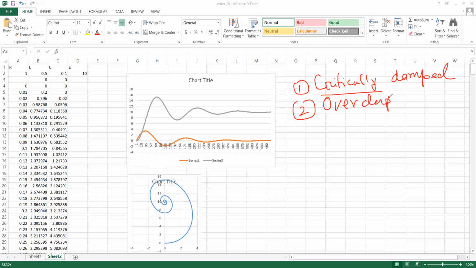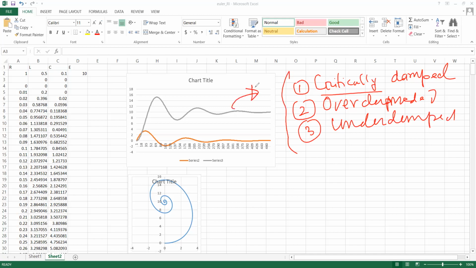Yes, sir. Among these three categories, which category does this response belong to? If someone asks you to write the general equation of this voltage VC, what will be the shape of the general equation?